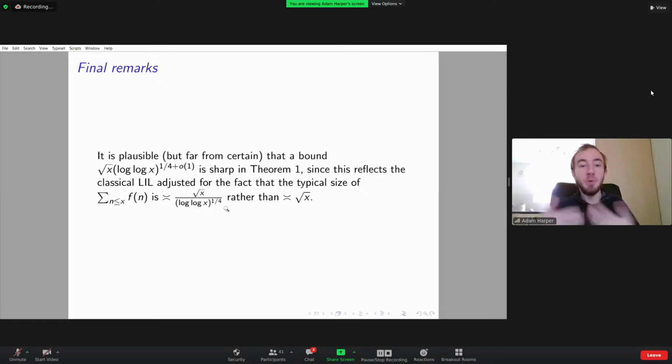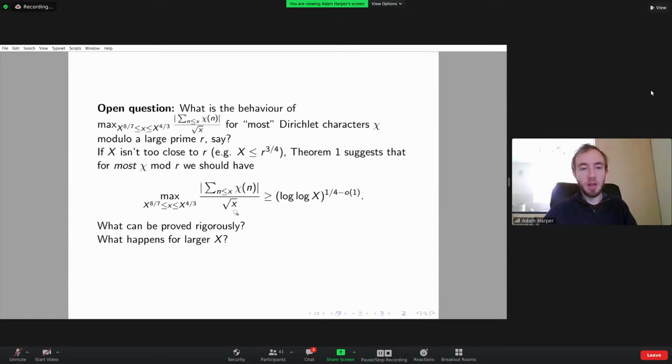So this is a reason to believe that this exponent 1/4 might be sharp. It's far from being a proof of that, though. There are a lot of issues in trying to get a matching upper bound. We don't have one at the moment. But I would cautiously guess that this exponent 1/4 is the correct thing for the partial sums of a random multiplicative function.